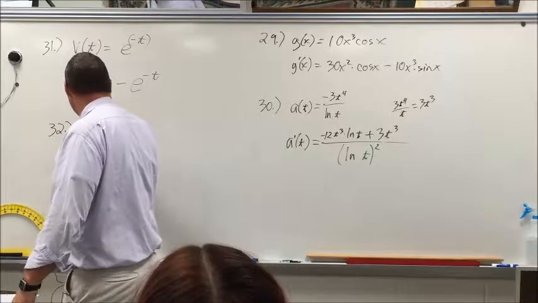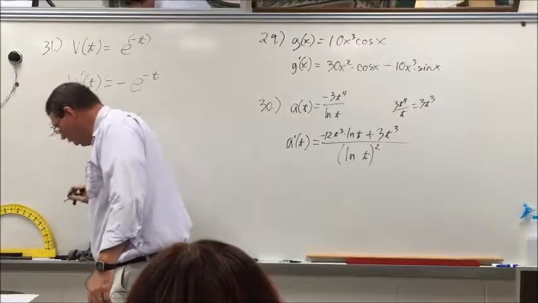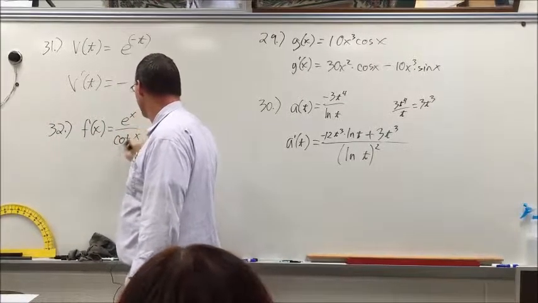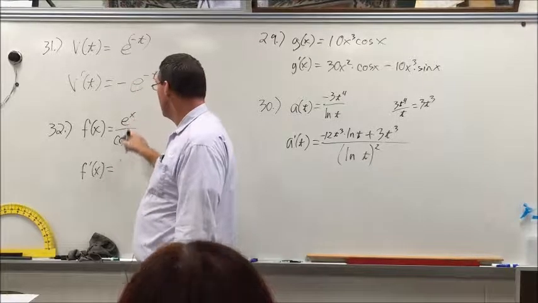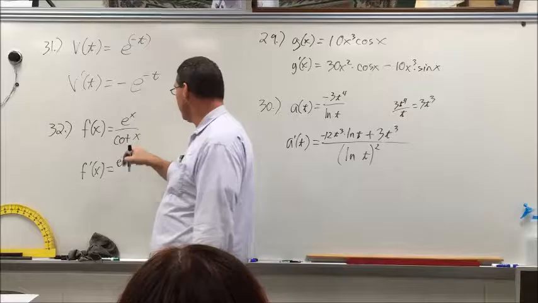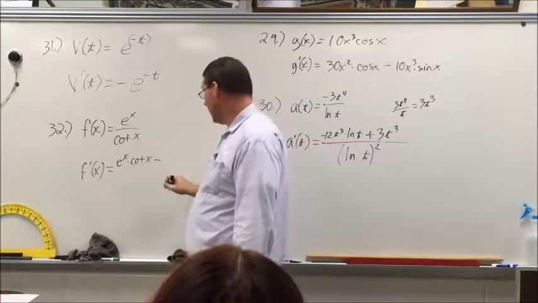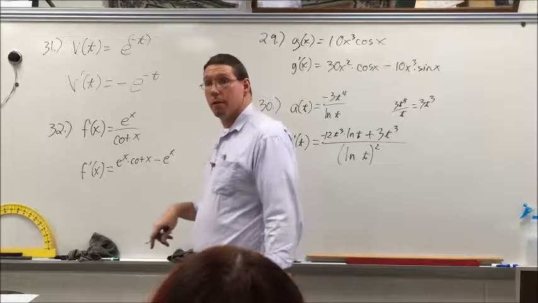Let's see, f of x is e to the x over cotangent of x. We've got a quotient here, so f prime of x is going to be e to the x times cotangent of x, the top times the bottom, minus the top. Oh yeah, why is it going to be plus?